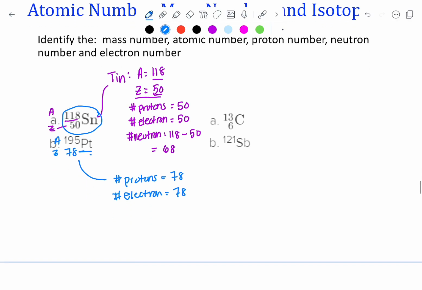And we can now calculate our number of neutrons by taking the mass number given in the problem, 195, and subtracting off the number of protons, 78, to give us 117 neutrons.